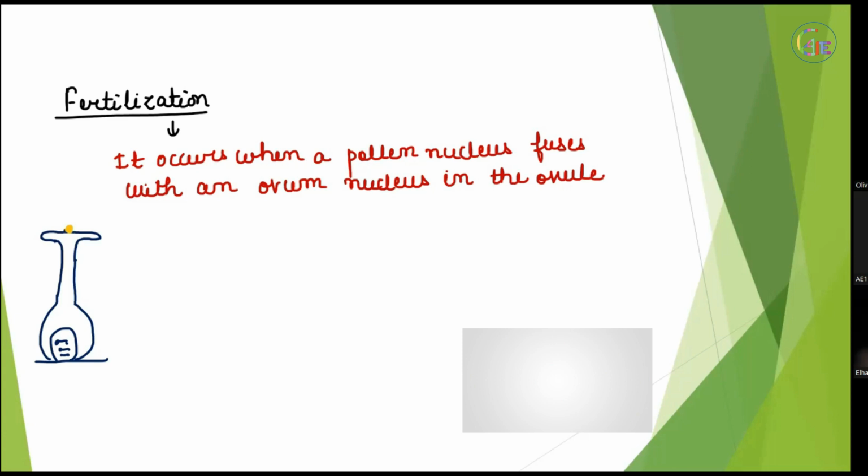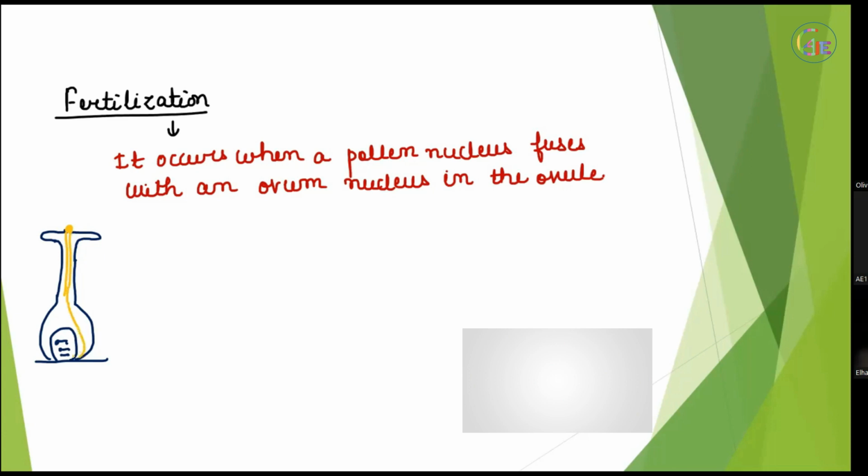The pollen tube will only be formed if the flower on which the pollen is present belongs to the same species as that of the pollen grain. Then only the process of pollen tube formation will take place. Now, as it settles down here and the plant recognizes that the stigma is of the same species, there will be a formation of a tube like this.